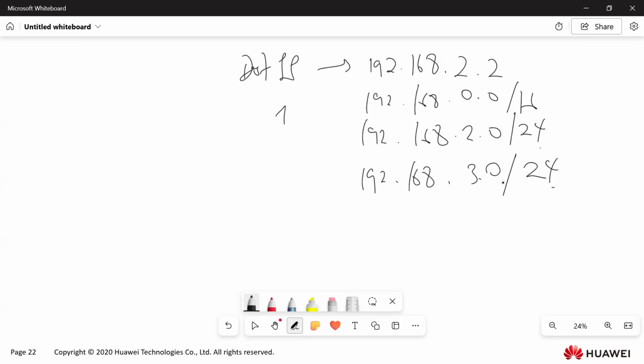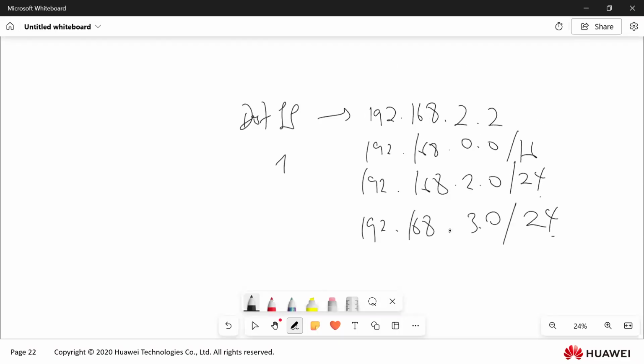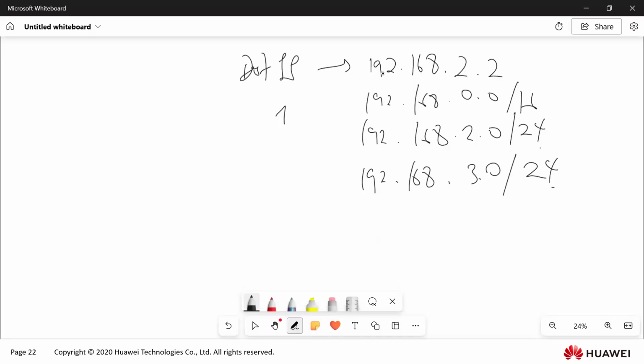We want to find the longest match. If we look at this part, it matches everywhere, so we are good, all of them can work.